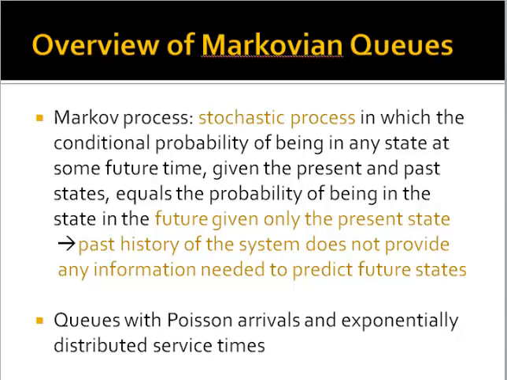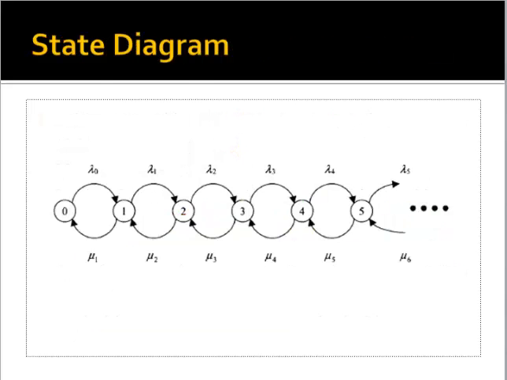We could also represent visually a Markovian queue using something called a state transition diagram, pictured here. This diagram shows the first 5 states of a system. You can see the dots at the end going off to infinity. The arrows on top, indicated by lambda and pointing right, represent the rate at which the state of the system increases.